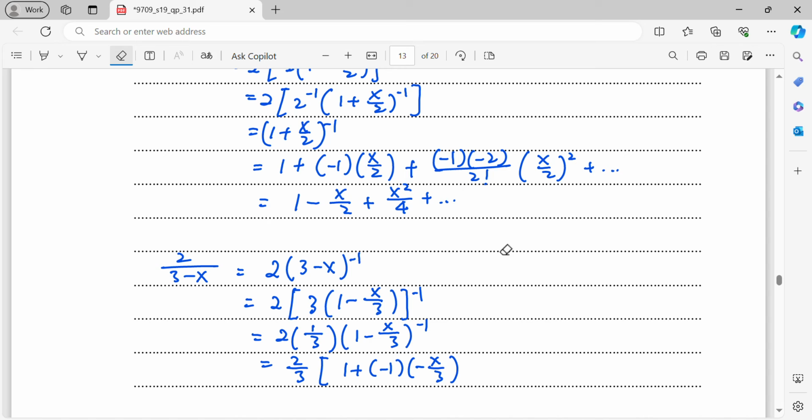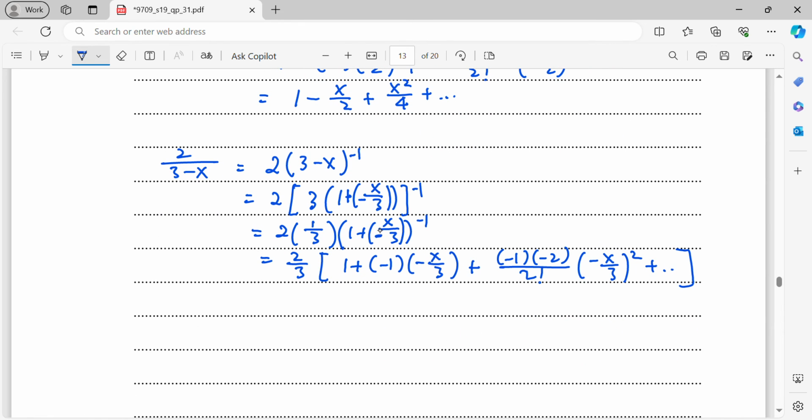Because for your information, it's supposedly like this. So I have to write a plus and then a minus. Right? So here, I write a plus, then put a minus. Okay, so therefore the next one is minus 1 minus 2 over 2 factorial, then minus x over 3 squared.